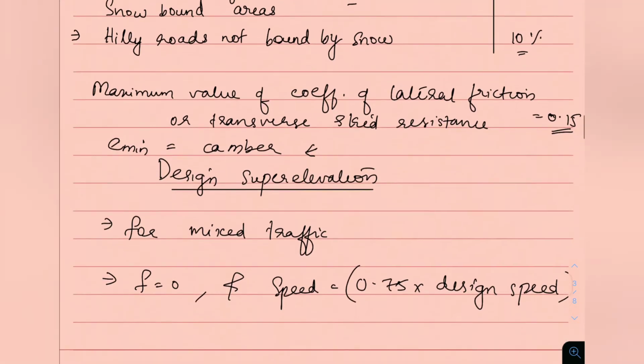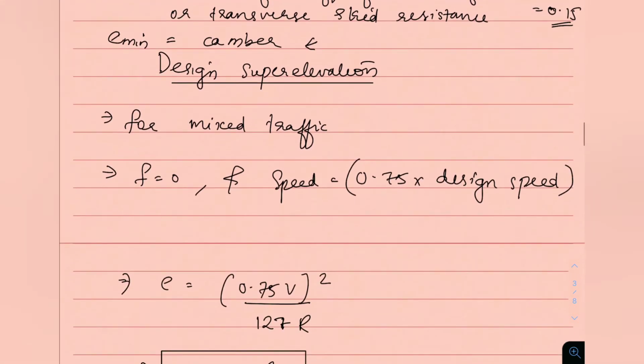Okay. Then we will have design super elevation. We already have discussed about a heavy truck moving on a horizontal curve. For that, if f is equal to 0, the e value will be very high. So for mixed traffic, if the e value is very high, it will be very dangerous for a heavy vehicle which is moving in a very slow manner.